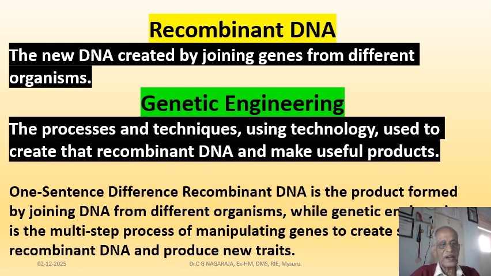Let us try to know what is recombinant DNA. It is new DNA created by joining genes from different organisms. That is recombinant. That means recombination of DNA molecules. In living beings, there is DNA, deoxyribonucleic acid, that makes the chromosomes.